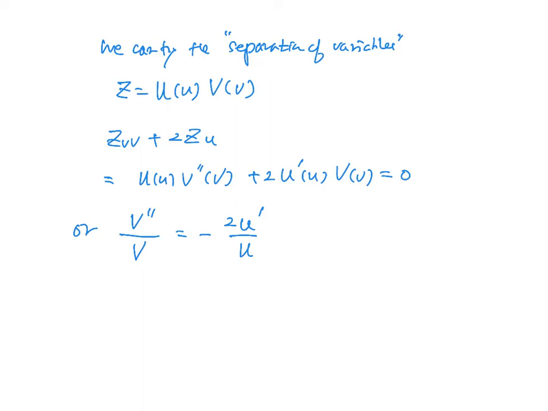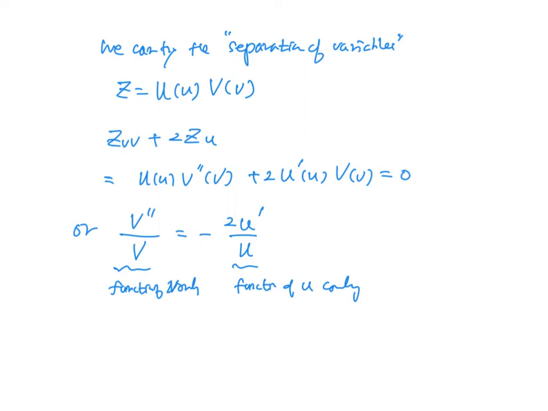Right? So this is a function of v only. This is a function of u only. So left half side is a function of u only, and right half side is a function of v only. Then what is the result? Some constant, right?